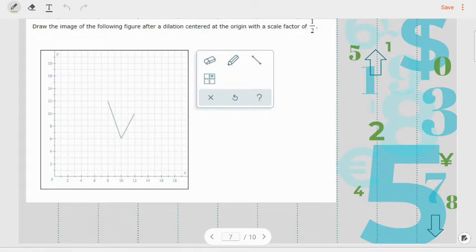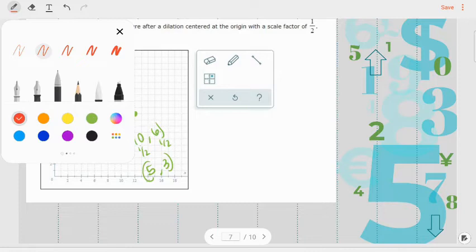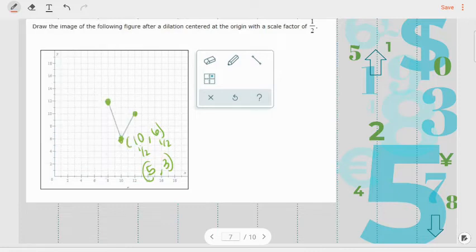Okay, the next problem is asking me to work with dilations. If I'm doing a dilation with a scale factor of half, that means all of these points are going to be shrunk. This one is right now at (10, 6). So multiply by half: half of 10 is 5, half of 6 is 3. So this point right here, and we'll change colors, is going to move to (5, 3).